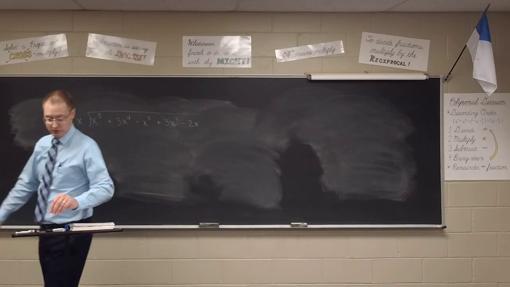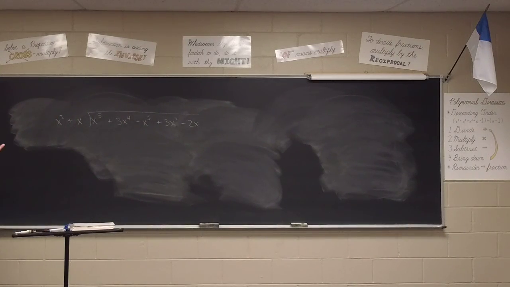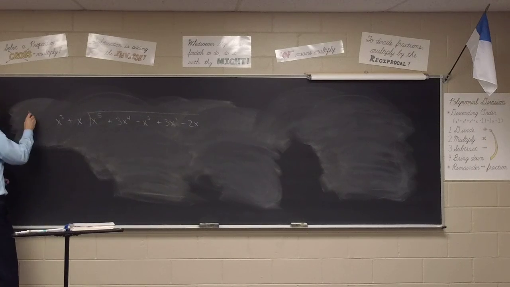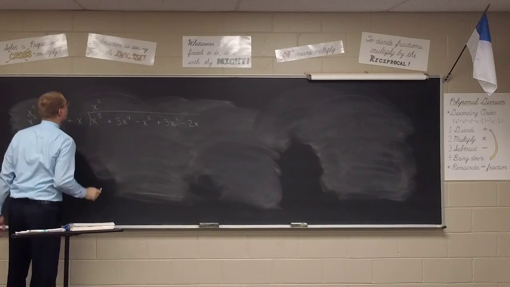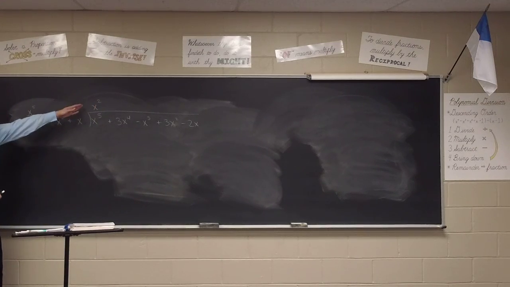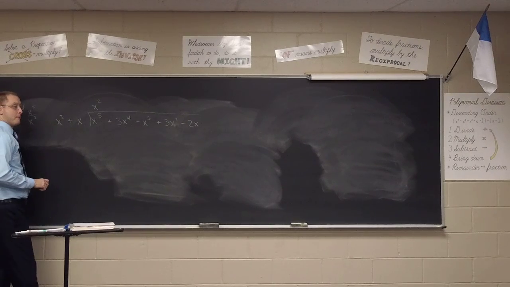But for starters, we make sure it's descending. It is. And then we start by dividing the first by the first. Now, when we divide the first by the first, what do we get? X squared. And once we divide the first by the first, we write something down up there. And the reason we write it there is so that once we put it up there, we multiply.